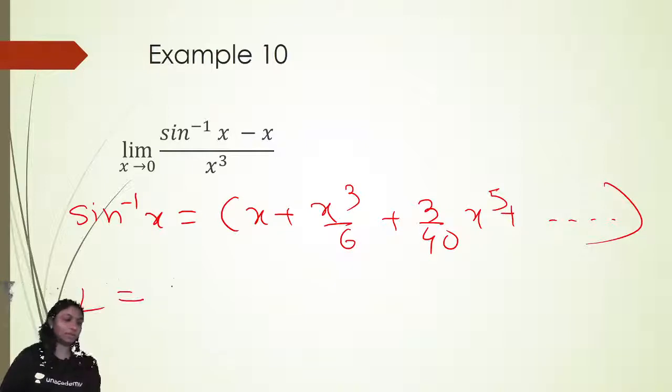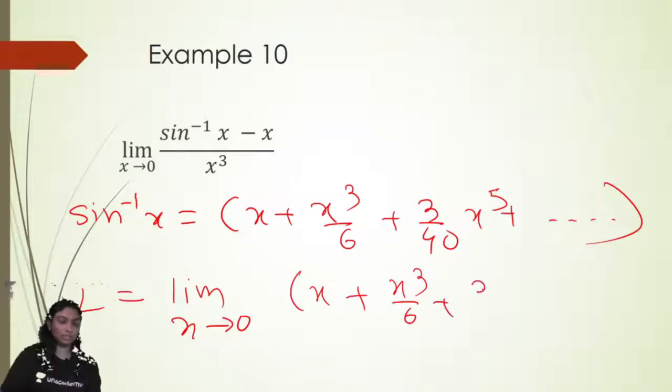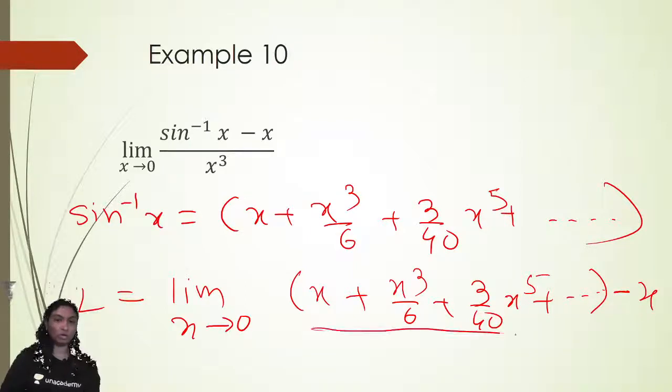Now here L is equal to limit as x tends to 0 of (x plus x cube by 6 plus 3 by 40 x raised to 5 plus and so on, minus x) upon x cube.